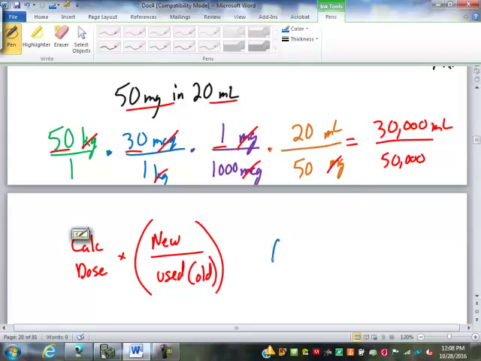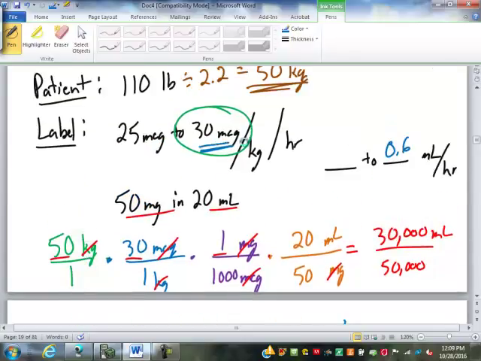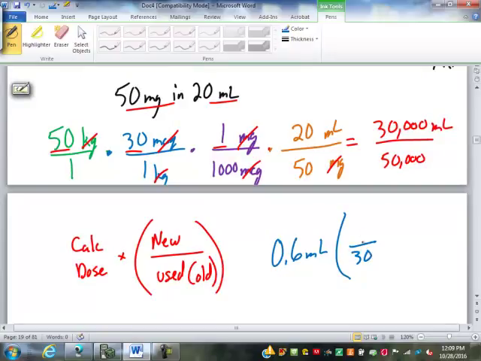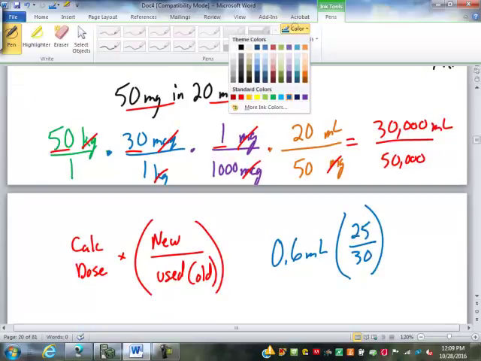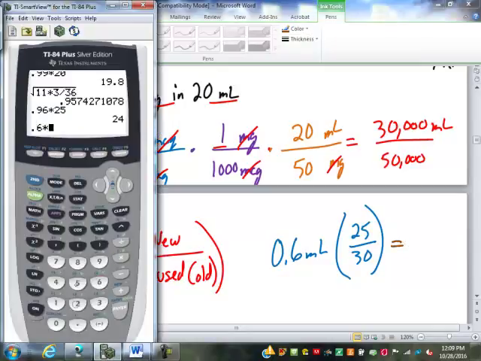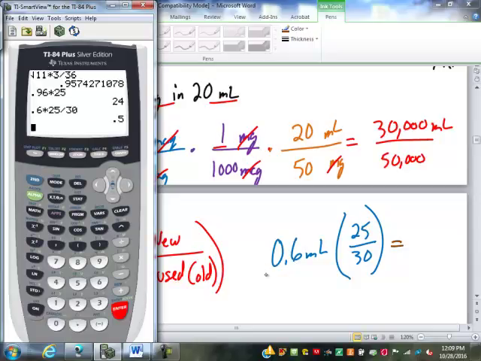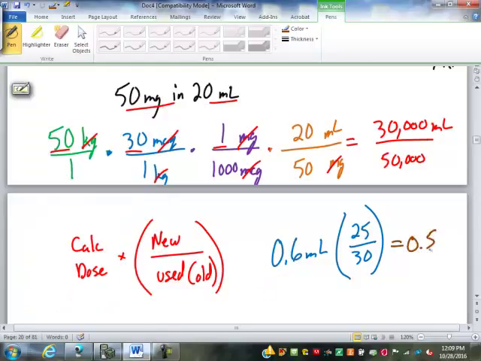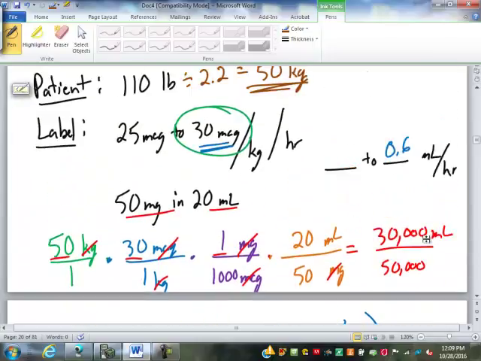So what that means for this one, we're going to take the 0.6 milliliters, and we're going to multiply. We use the 30, that's going to go on bottom, and we're converting it to the 25. So this will be 0.6 times 25 divided by 30. So I can just simply do that. This number times the numerator divided by the denominator gives us 0.5. So that's saying the lower end of that range would be 0.5. So this dosage could be anywhere from 0.5 to 0.6 milliliters per hour.